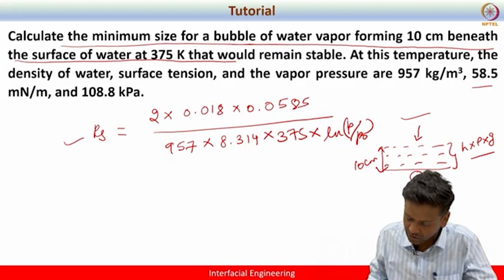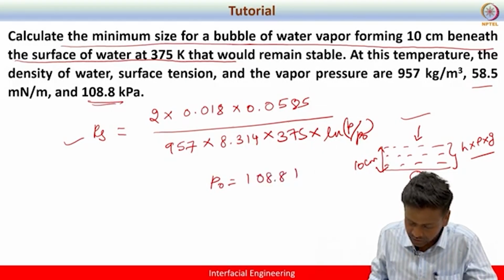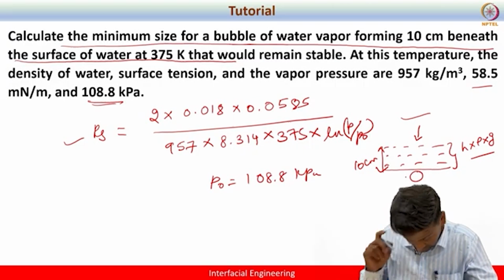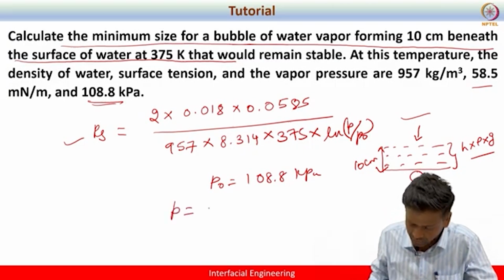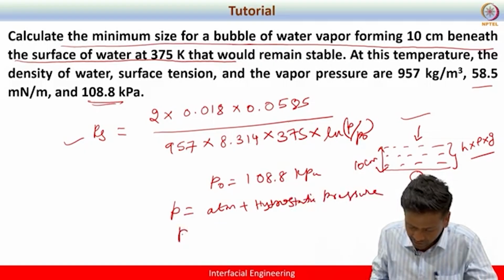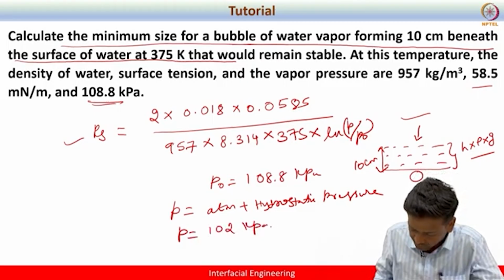So if you assume that your initial pressure P naught is given, which is 108.8 kilopascal, but what we need to know is the actual pressure for this condition, which is atmospheric pressure plus the hydrostatic pressure. So for this case, the actual pressure is going to be 102 kilopascal.